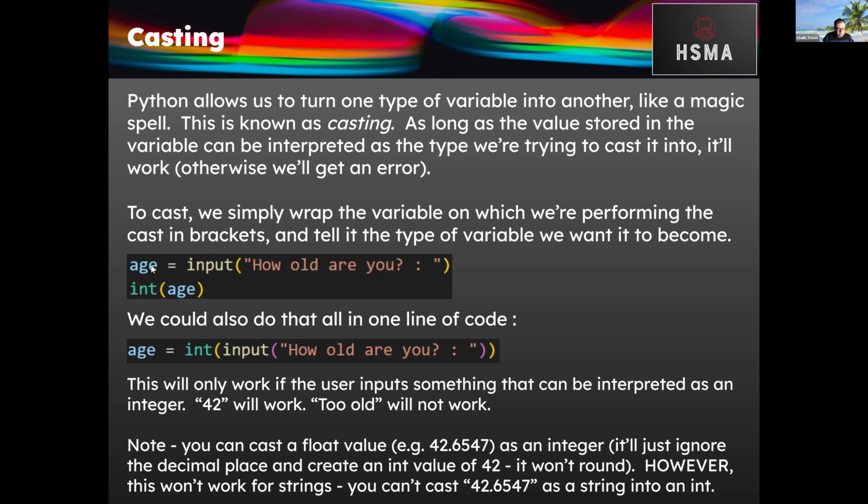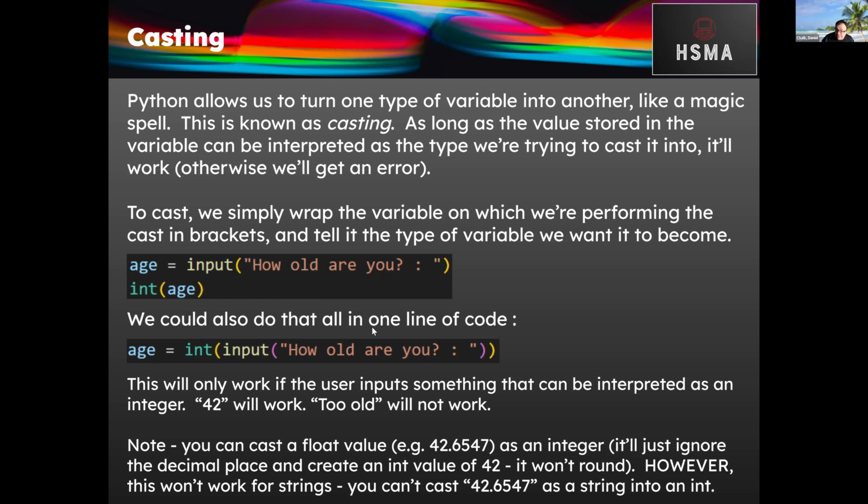So here, where we said age equals input, how old are you, the user will input something that will be read back as a string. We can then, in our next line of code, say int, open brackets, and pass in the variable age, and it will turn age into an integer. So it will move away from being a string into an integer.